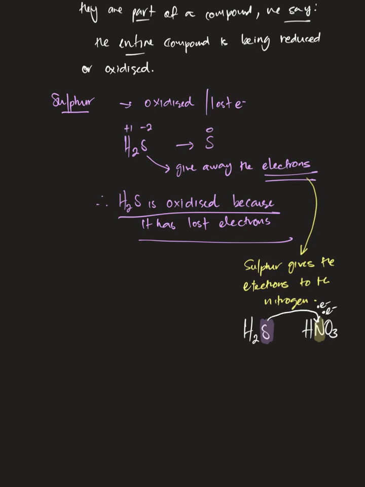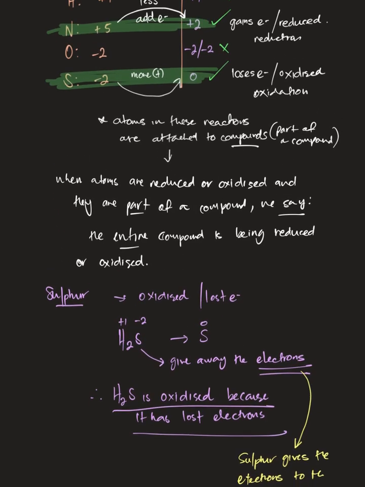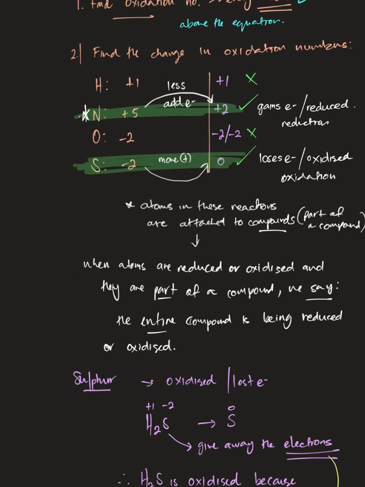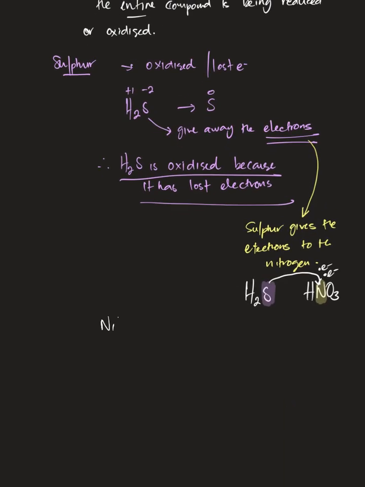So from this little table that we drew here, the nitrogen was reduced. How do I know that it was reduced? It gained electrons. But remember, the nitrogen belongs to nitric acid. So technically it went from HNO3 to nitrogen monoxide.